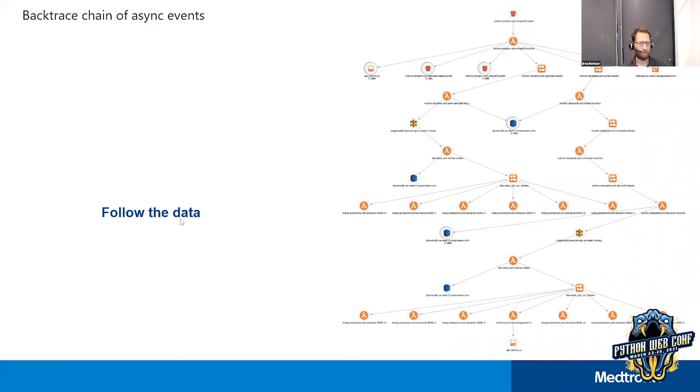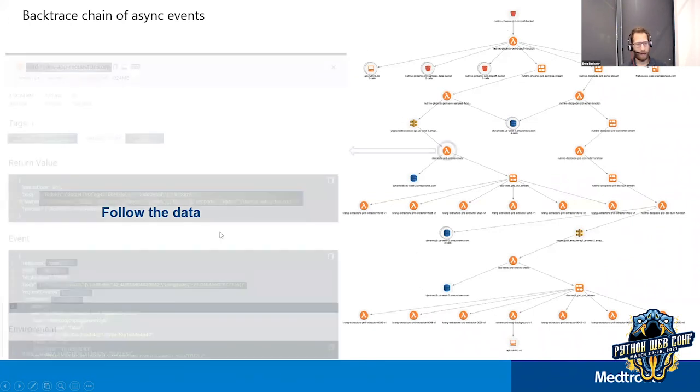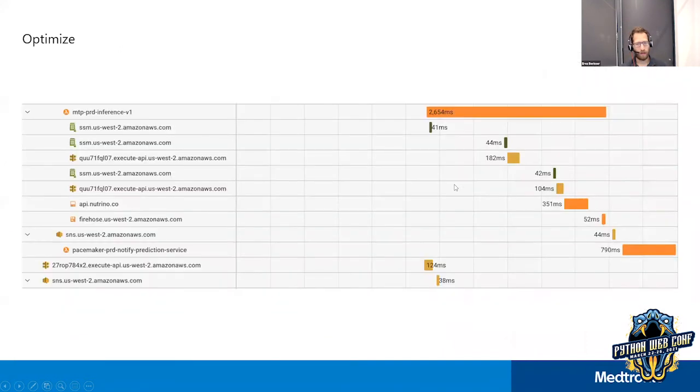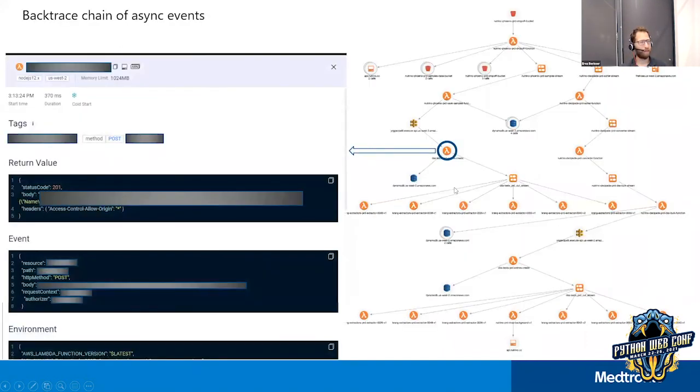One is for following the data, actually understanding this data point, what is the path it's taking across all the services, and getting, of course, the additional information about that specific service, and following the actual event across all services.